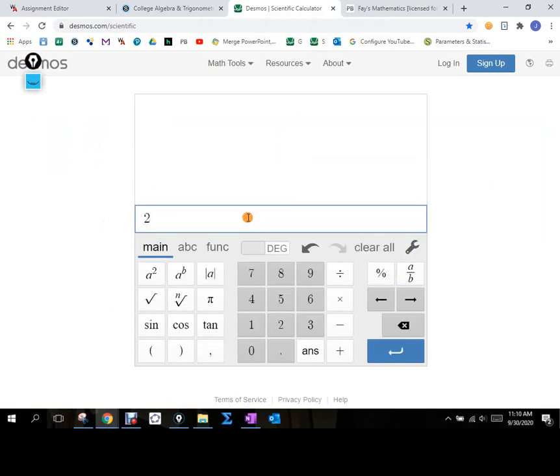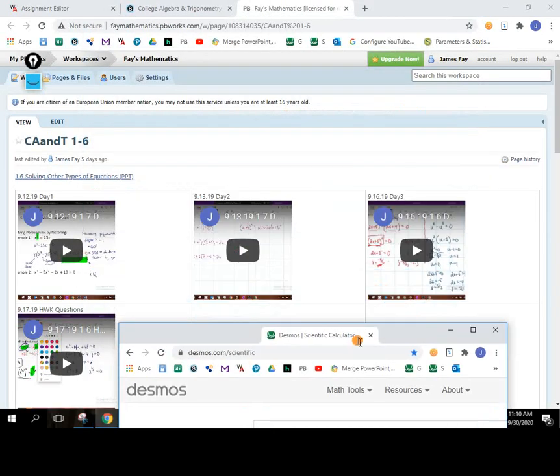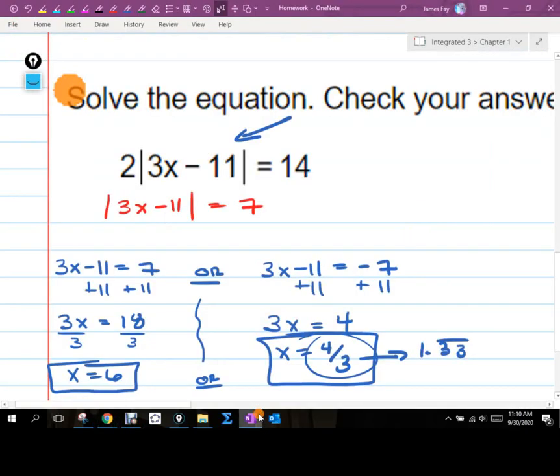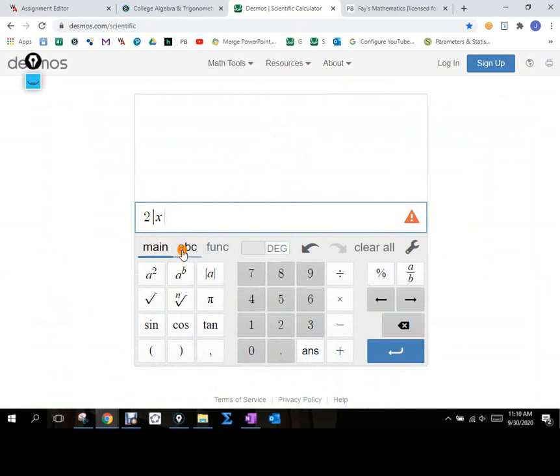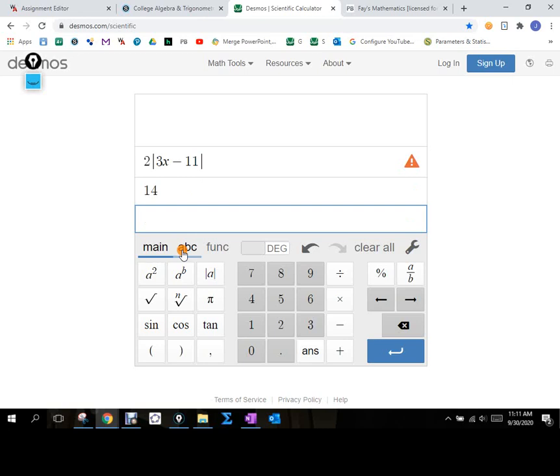So we had 2 times absolute value of 3x minus 11. And because the right-hand side was 14, I mean, we can put 14 in here, but if I go x was equal to, what was the first one we figured out, 6.